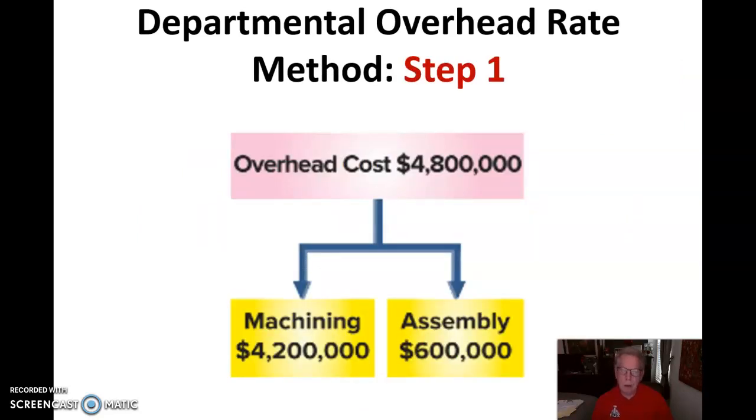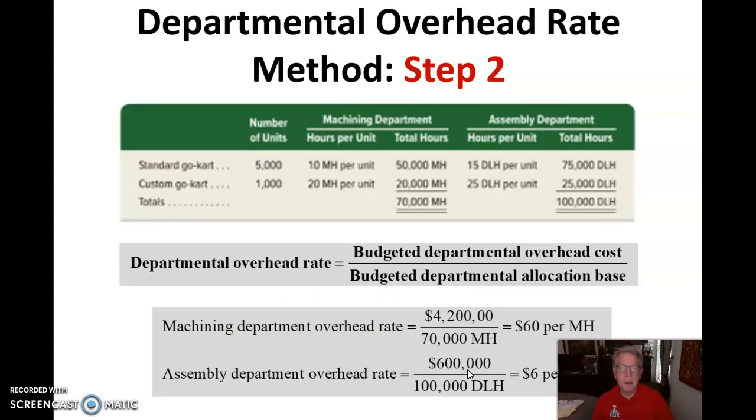All right, so 4.8 million does not change, but we are going to allocate it between machining and assembly. So here we have the same number of units, standard and custom, but now we have our machining department and the assembly department. So now we're going to allocate the machining department's overhead based on $60 per machine hour.